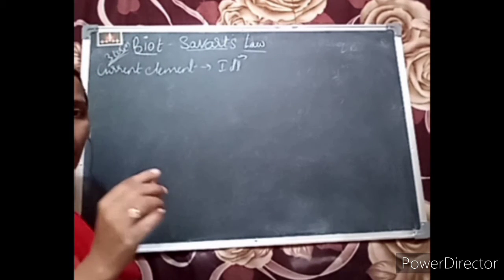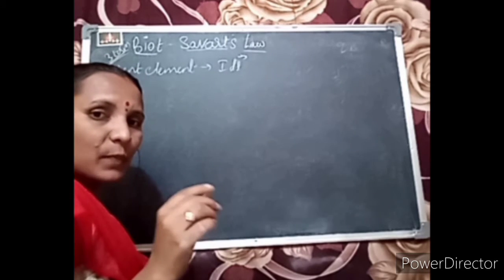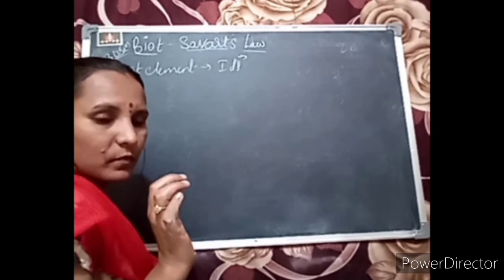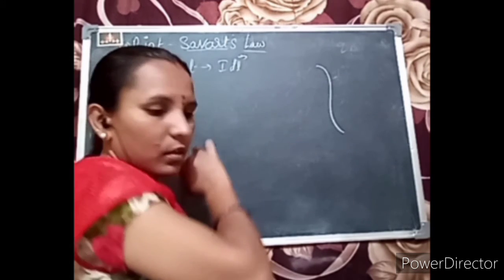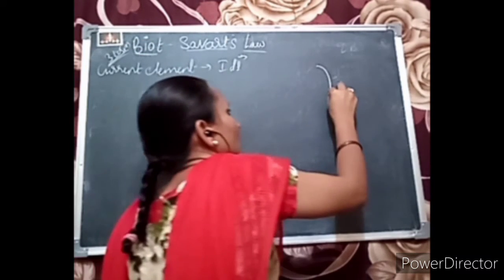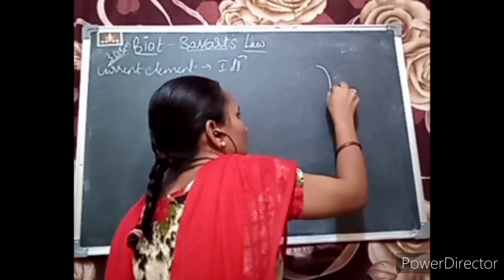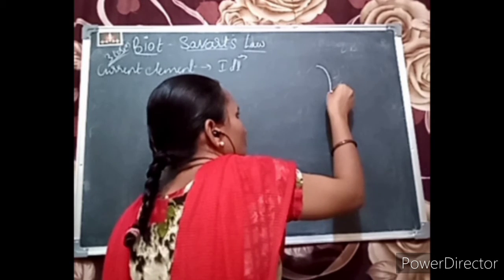State and explain Biot-Savart's law, it is going to come. So the diagram, an irregular shape. Just check what I did here.